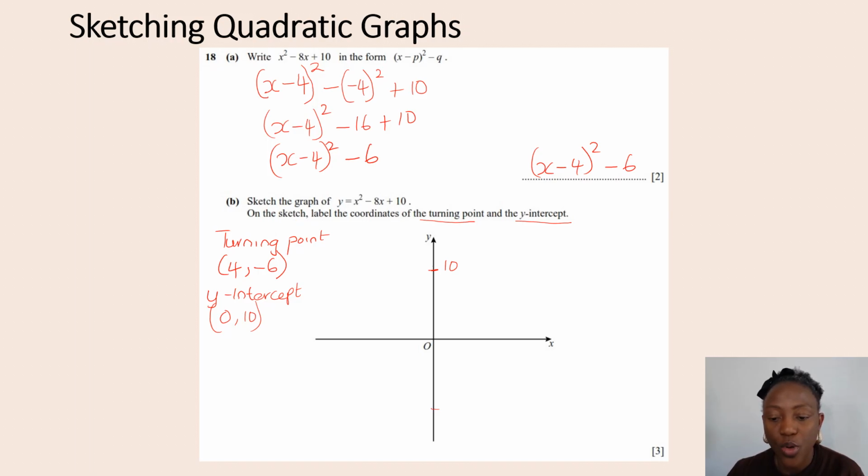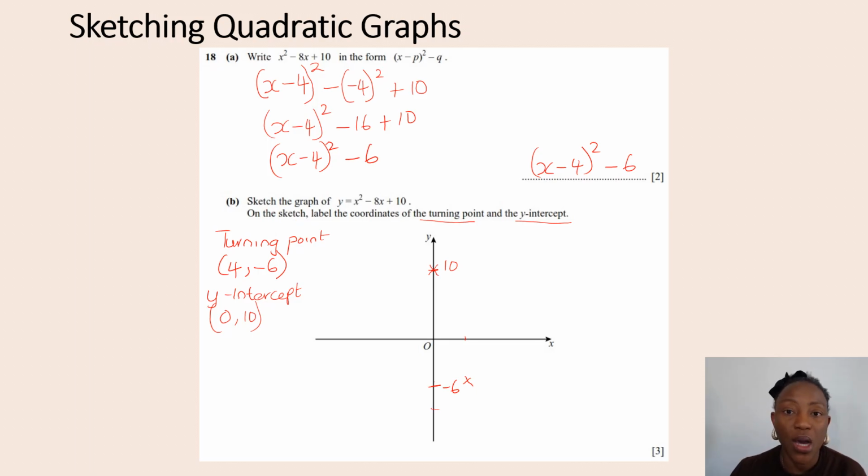That doesn't look proportional. So let's say minus 6 is somewhere here. And then 4 will be somewhere here. So 4, minus 6 will be a point here. Okay, so I have located my y-intercept and located my turning point.